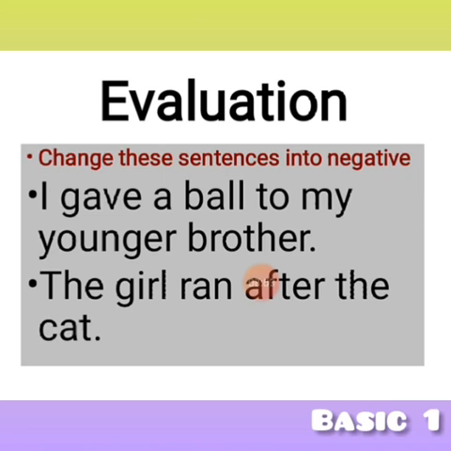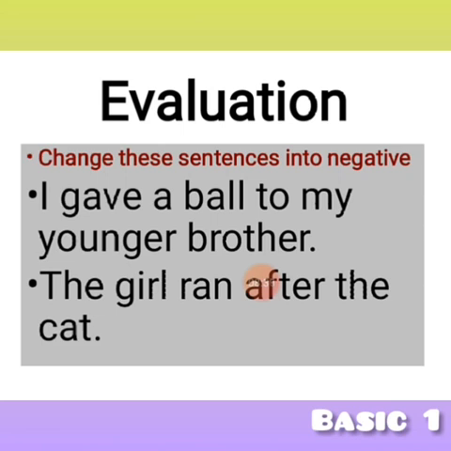Try the next sentence. The girl ran after the cat. What should be the negative form of the sentence? Excellent. The girl did not run after the cat. Notice that in the two sentences, there is an indication of did not before the past tense of the verb is changed to what?